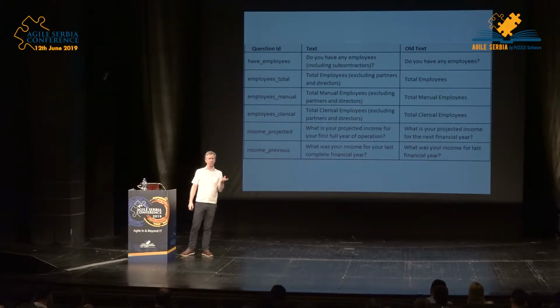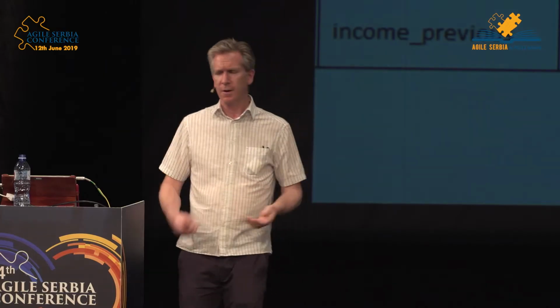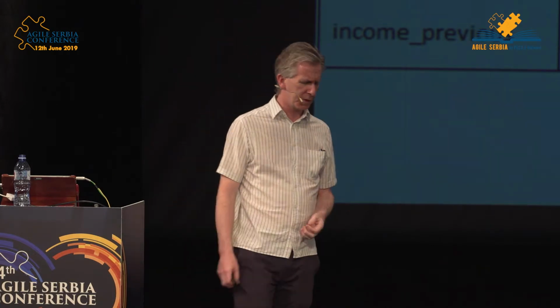Here's what the text should say, and here's what the text says at the moment that needs to change. I said, okay, perfect. This is what you need to do. You just need to provide these examples to your development team. They can essentially automate the testing of the implementation from this.